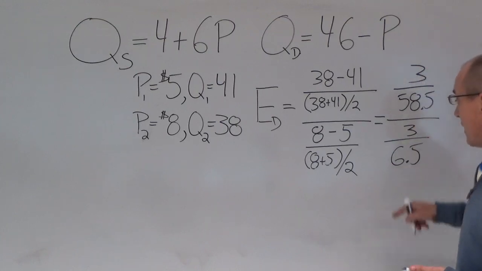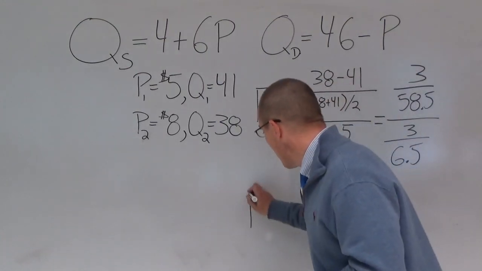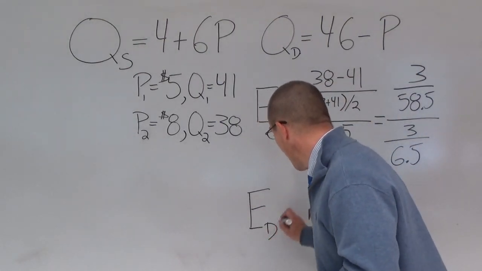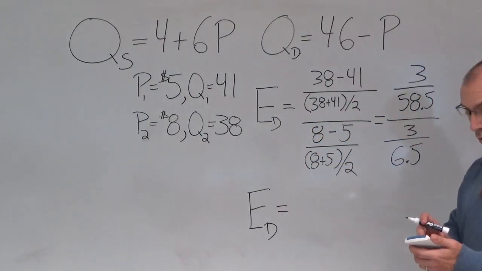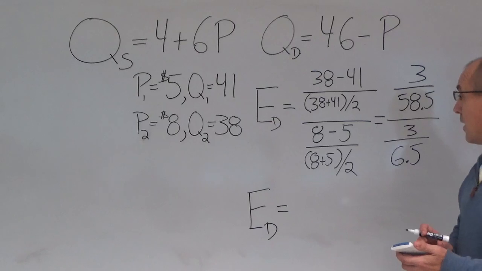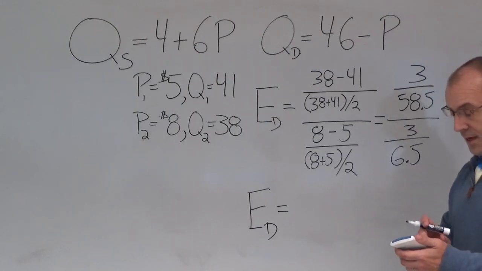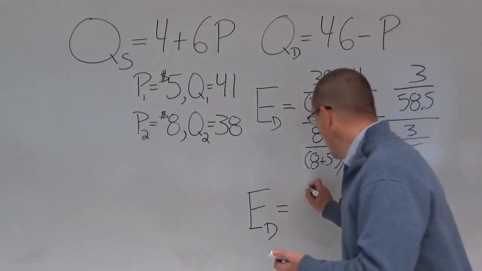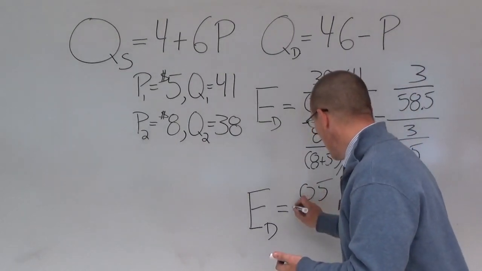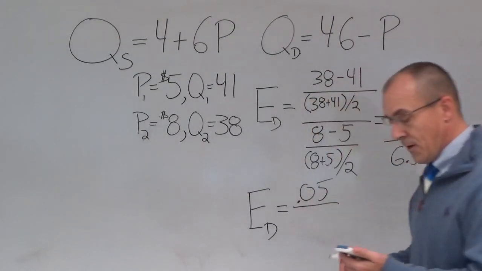And so now I'll try and rewrite this all down here. Elasticity of demand. My top part, 3 divided by 58.5, is 0.05. We'll just leave it at that, decimal point 0.05.